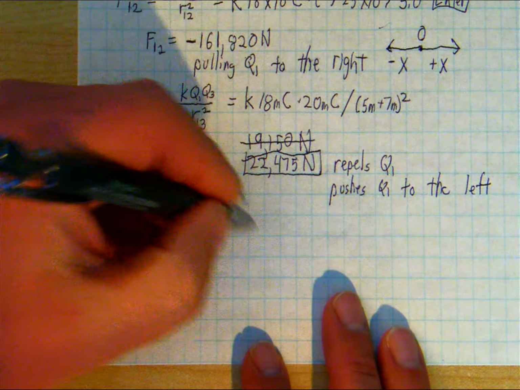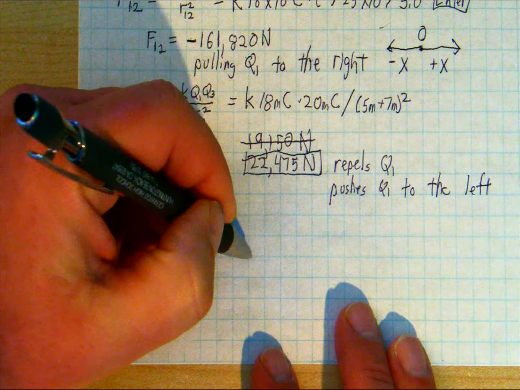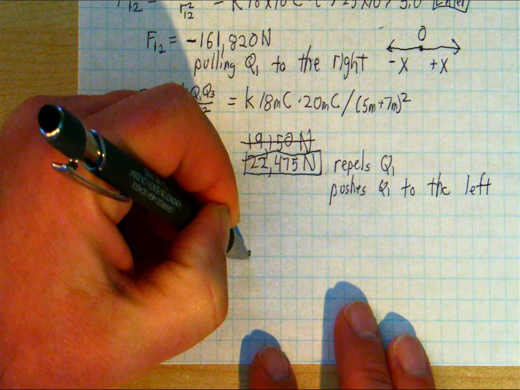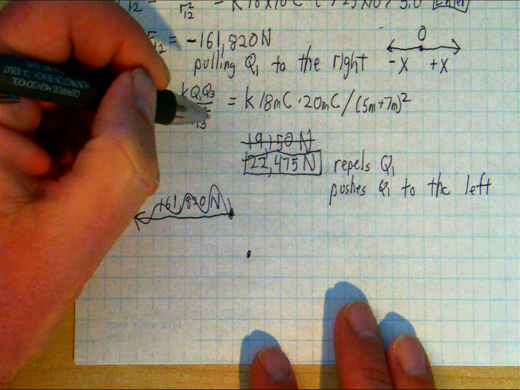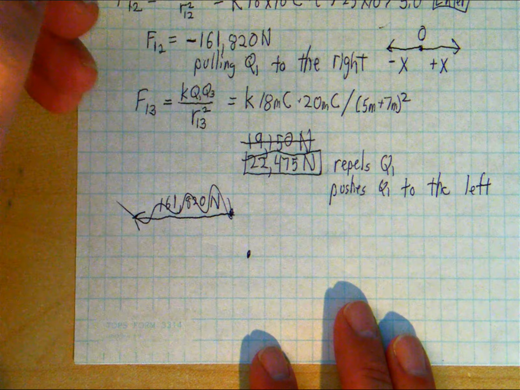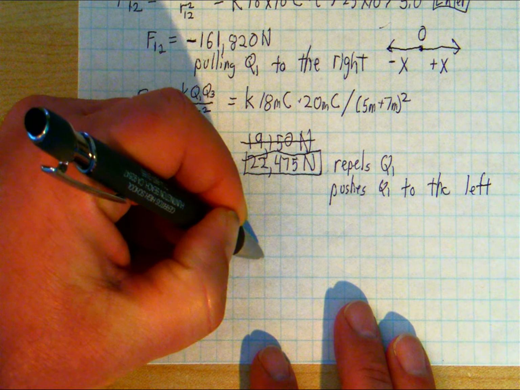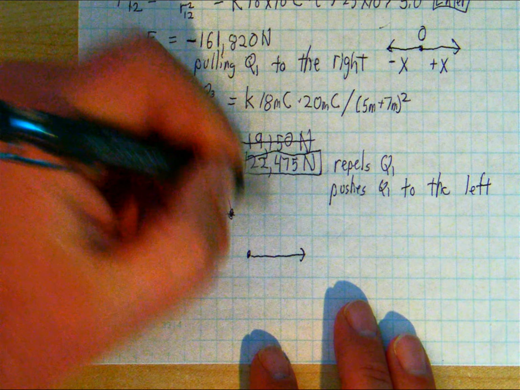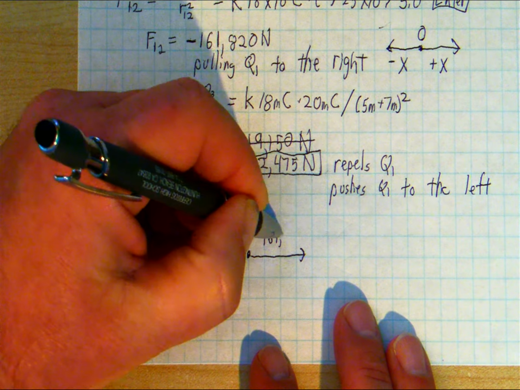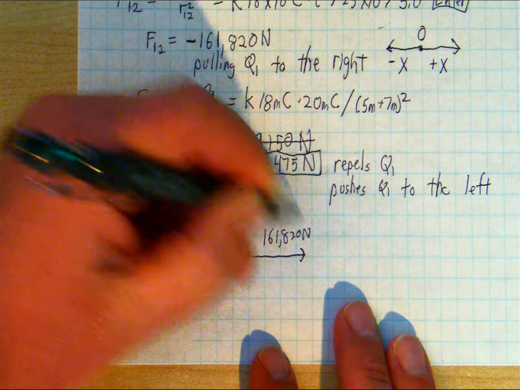Whoops. Maybe I should do this to scale. I'll go by 50s. 50, 100, 150, 160. Okay, so I have 161,820 newtons pulling Q1 to the right.